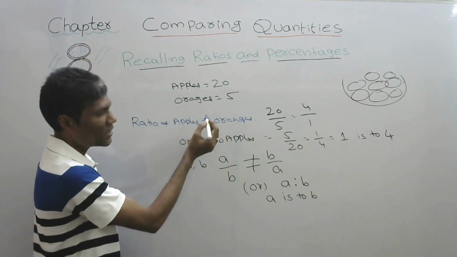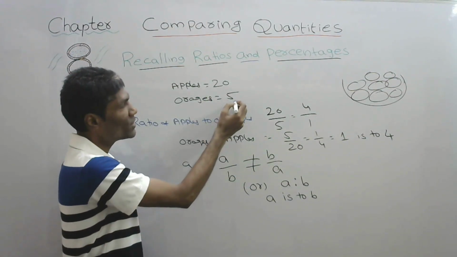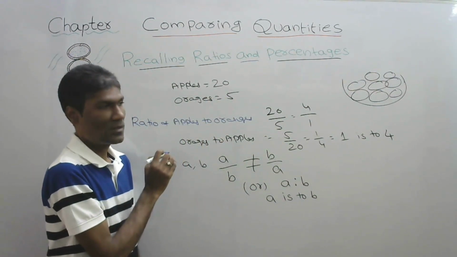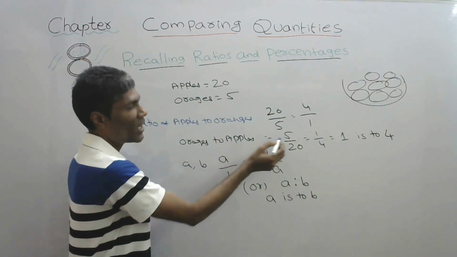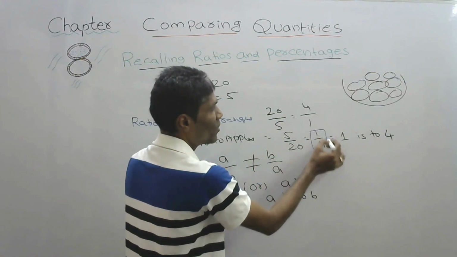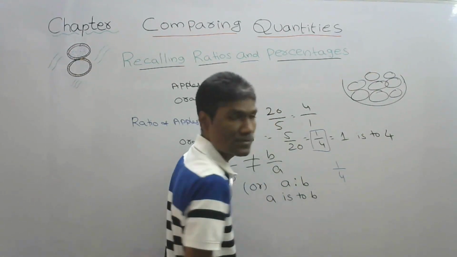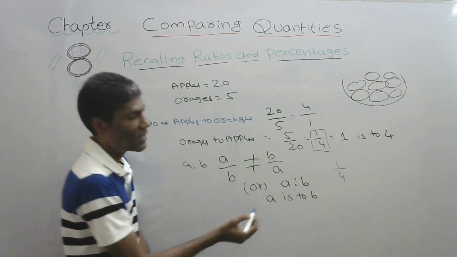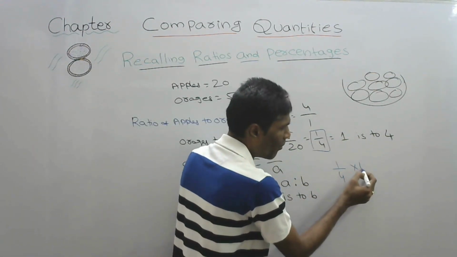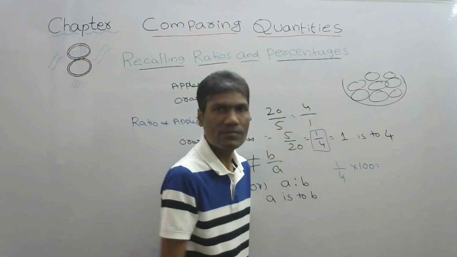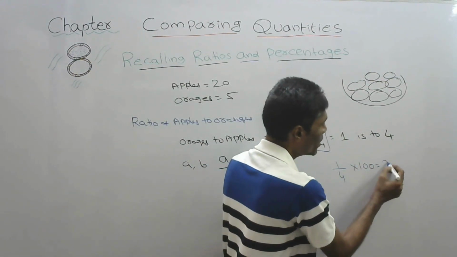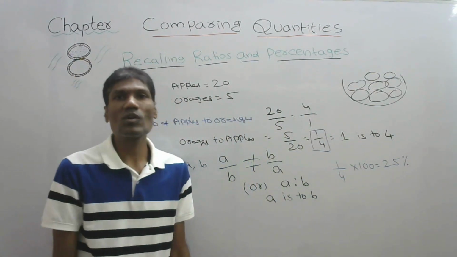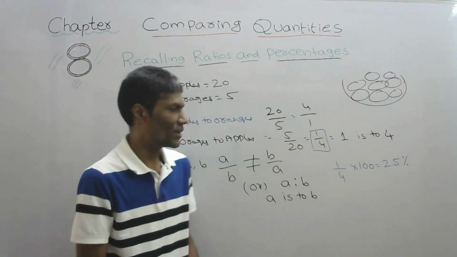If the question is asked, what is the percentage of oranges to apples? We have to find the ratio. 1 by 4 is the ratio. Now, if the question is to find the percentage, then simply we multiply by 100. So we get 4 ones are 4, 25s are 100, 25%. What is the meaning of it?